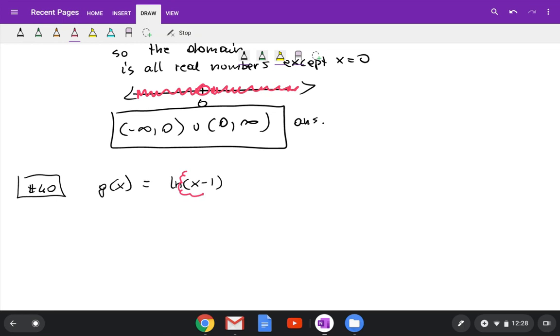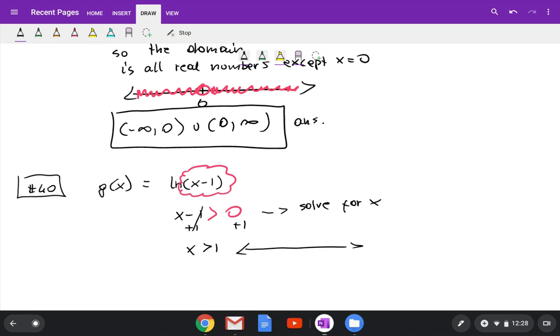To find the domain of logarithmic functions, you take the expression which is next to log, which is x minus 1, and you solve an inequality. That has to be positive. Solve for x. So we're adding 1 to both sides, and we're getting x is greater than 1. So that will be our domain.